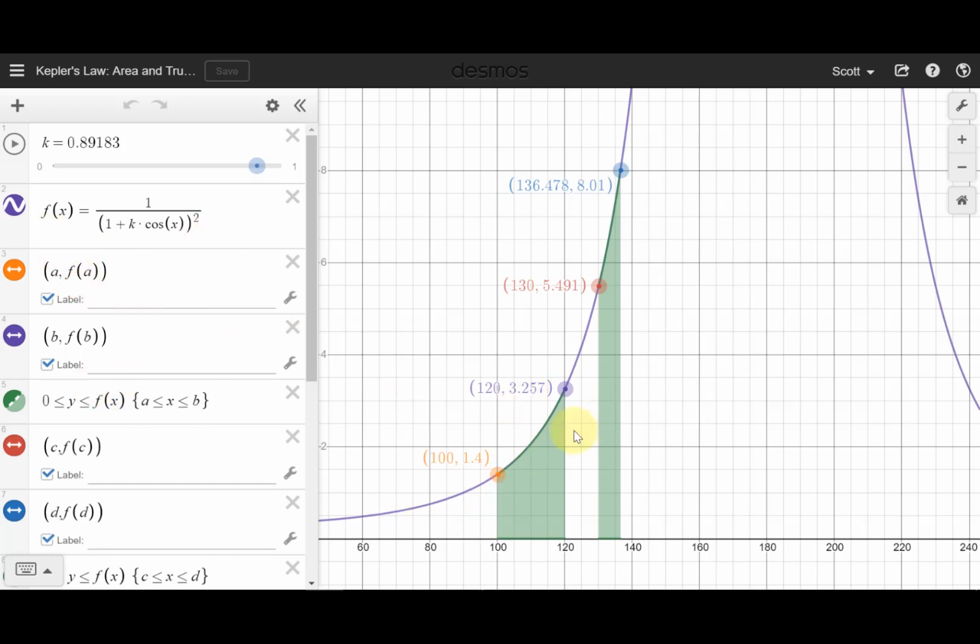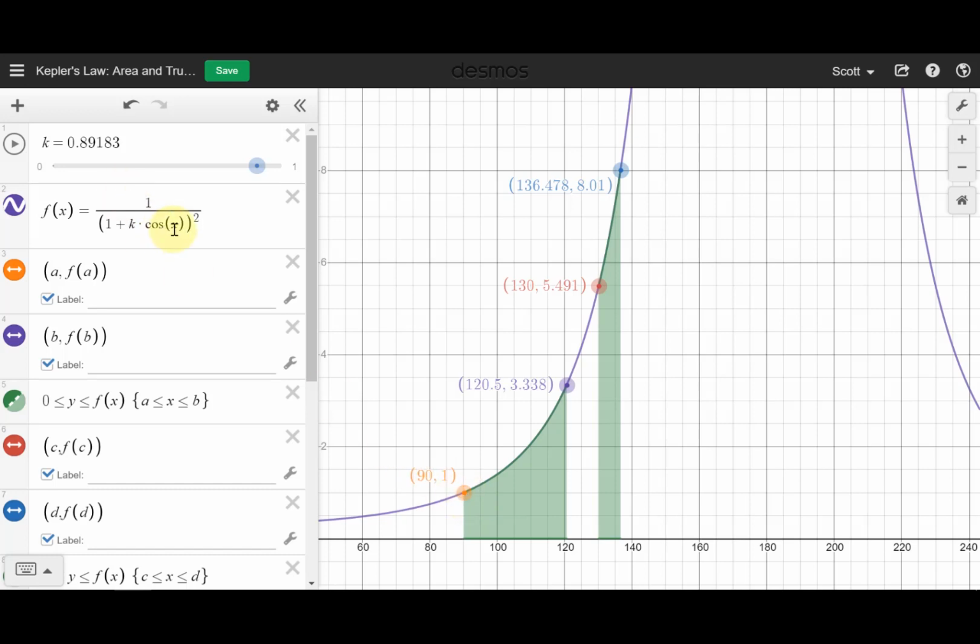So what I can do now is trace out different intervals here and actually measure what that area is. So this is from an angle of 100 to 120, and these are the values of the function, 1.4 and 3.38. One thing that might be nice to see is that if you go to 90, you get 1. Why would you get 1?